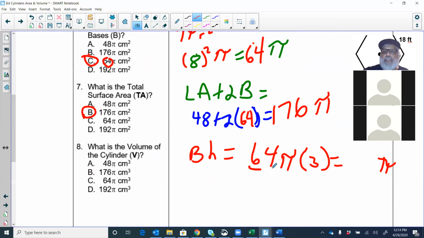So all you got to do is 64 times 3. Is 192? Correct.